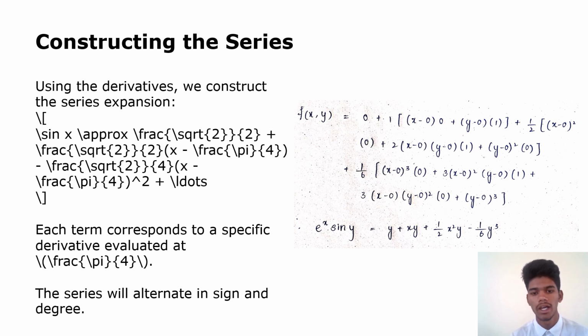At last, we have the value of e power x into sin y is equal to y plus xy plus 1 by 2 into x square y minus 1 by 6 y cube.